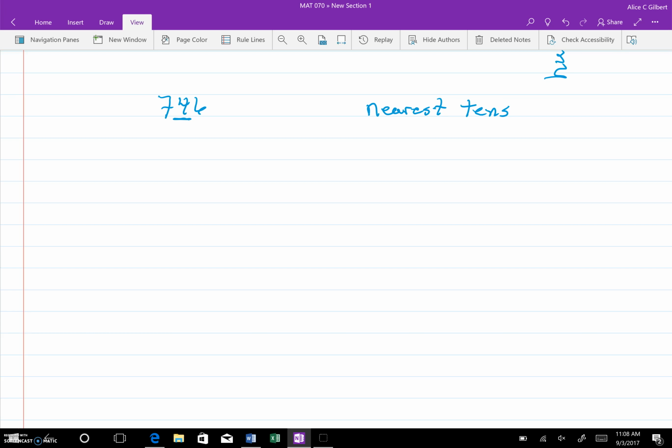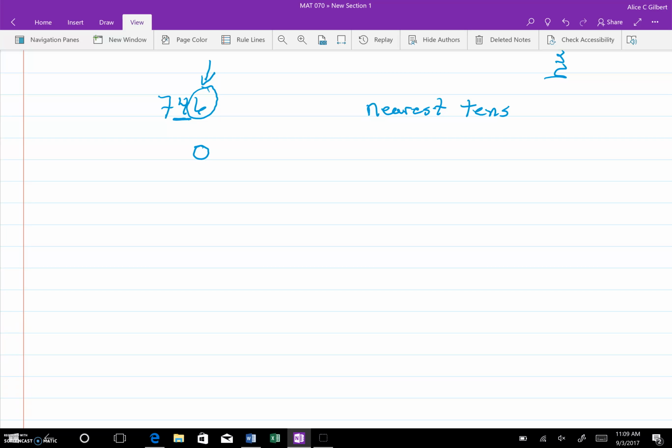Now, if these numbers are to the left of the decimal point, then whatever comes to the right of our line, we just turn into a 0. Then what we have to do is look at the digit to the right of where our line is.